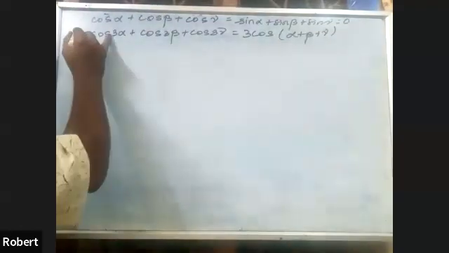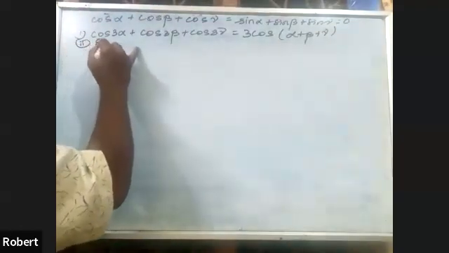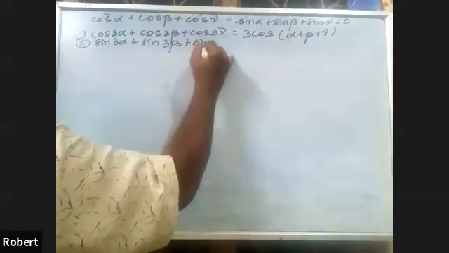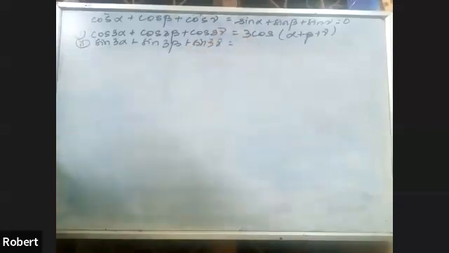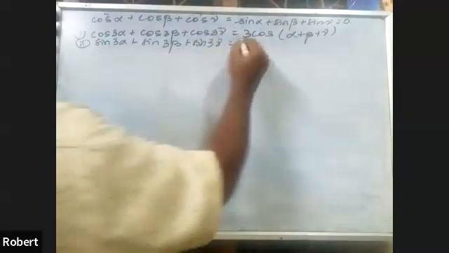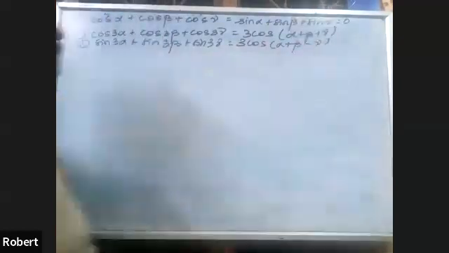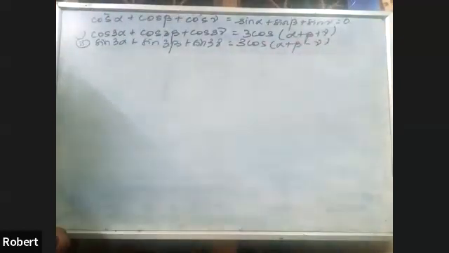And second proof, sin 3 alpha plus sin 3 beta plus sin 3 gamma is equal to 3 sin(alpha plus beta plus gamma). Okay, please listen.